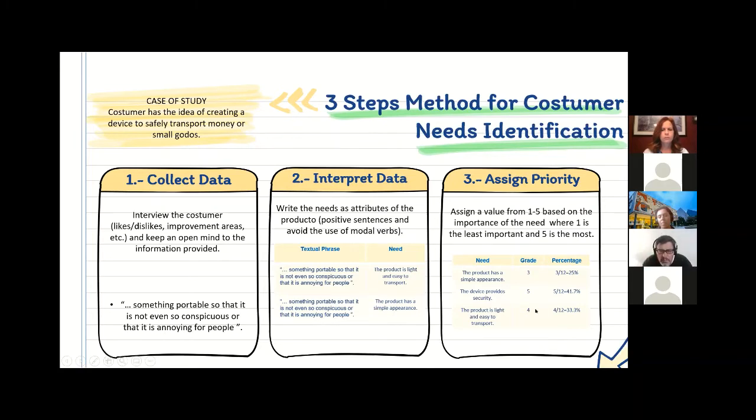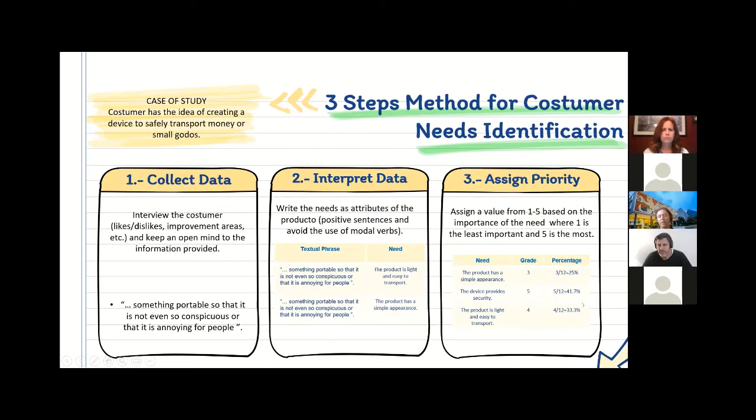Also, it is important to say that, for example, we can have the same grade in different needs. For example, I can have a 3 in the second need and it will be no problem at all. So finally, this is an optional step, but it is easier to understand for certain people when we talk about percentages instead of the grades from 1 to 5.